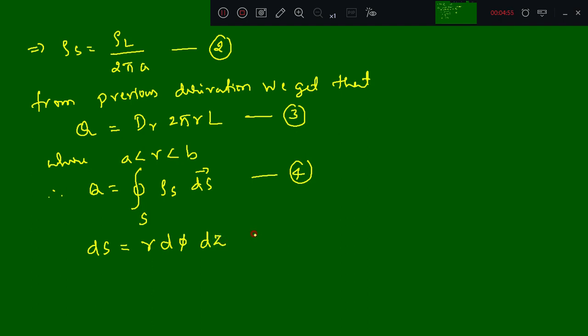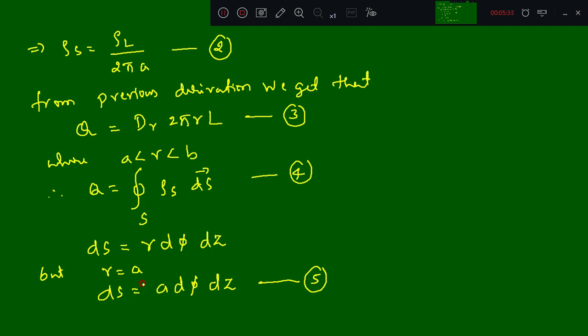But here we are taking the inner conductor, so r is nothing but A. So ds is equal to A into d phi into dz. This is equation number 5.